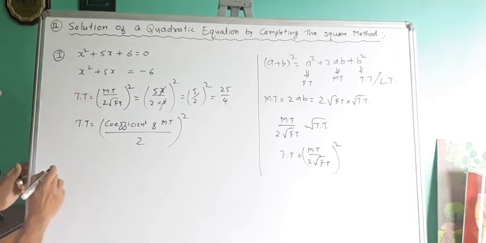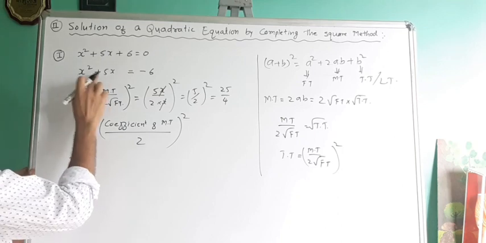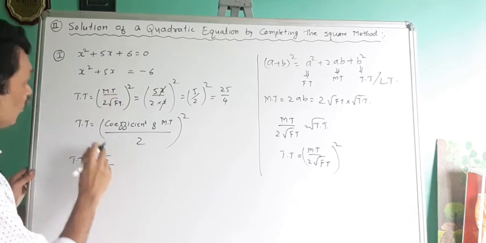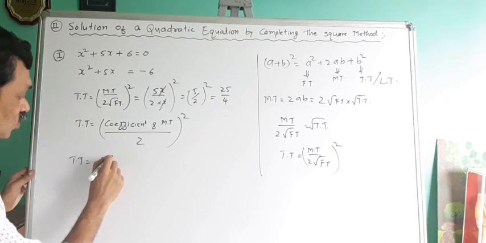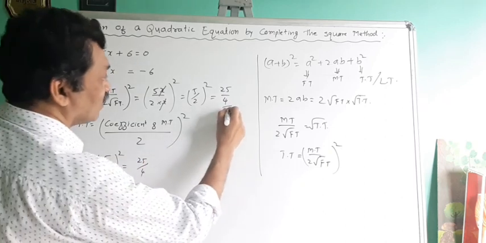I'll do it again. The last term is equal to the coefficient of the middle term, 5, upon 2 the whole square, which is 25 upon 4. See here, we got the same thing.